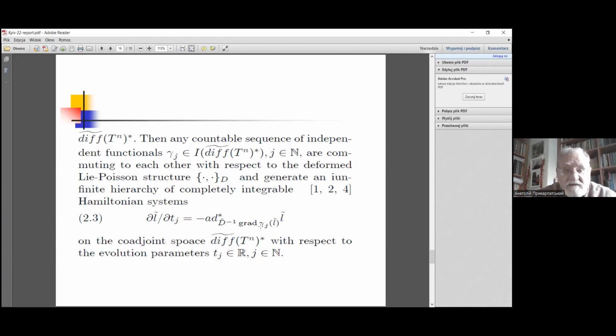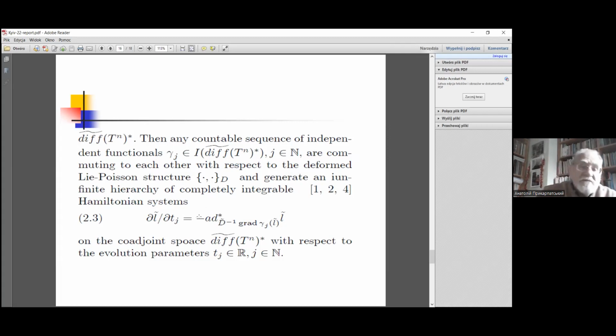owing to the fact that these Casimir functionals are commuting to each other, we this way constructed an infinite hierarchy of completely integrable flows of Hamiltonian systems on the cotangent space in the following reduced form, and as a corollary, owing to the commuting of the functionals, all these flows are commuting to each other also.